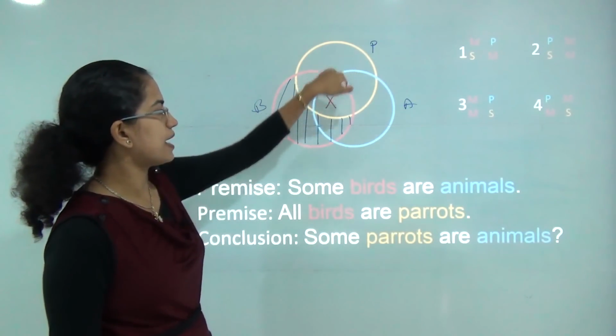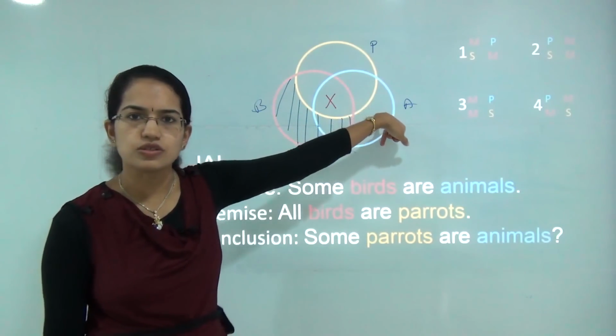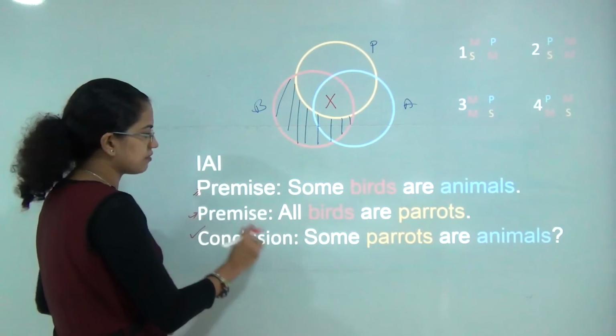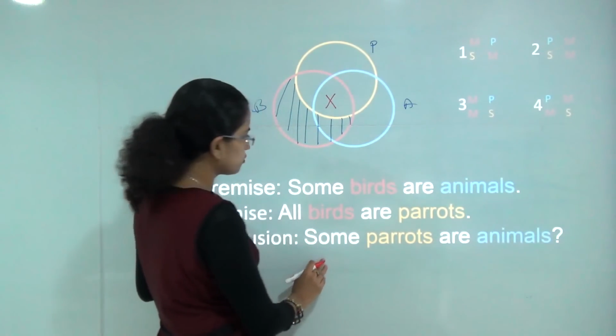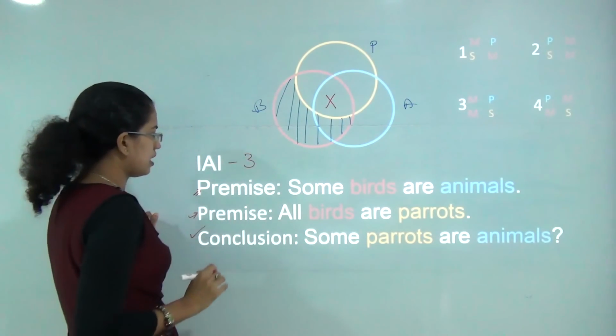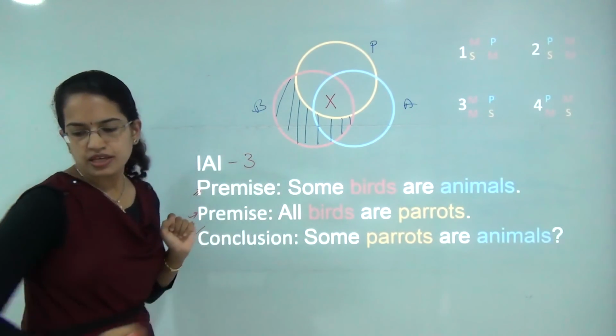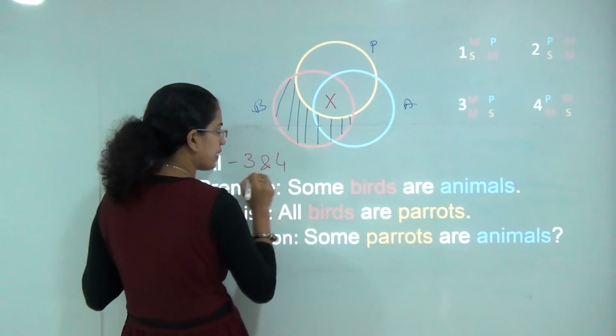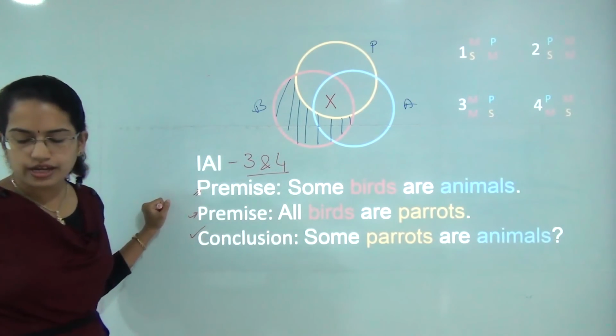These are some parrots also and these are animals also. So that is correct. Based on these two premises, I can definitely state that my conclusion is true, and this is a case of IAI 3. Now in case of IAI, 3 and 4 are valid forms, 1 and 2 are invalid forms.